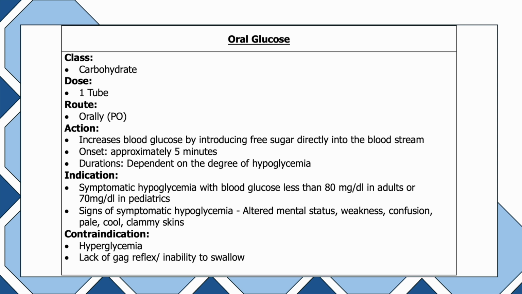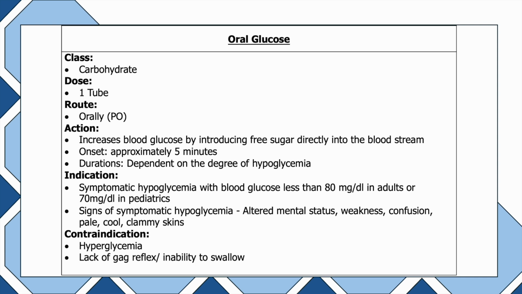As far as the SoCal EMS testing sheet, this is going to be your testing sheet verbatim. Oral glucose. Class: carbohydrate. Dose: 1 tube. Route: orally, PO. Action: increases blood glucose by introducing free sugar directly into the bloodstream. Onset: approximately 5 minutes. Duration: dependent on the degree of hypoglycemia.